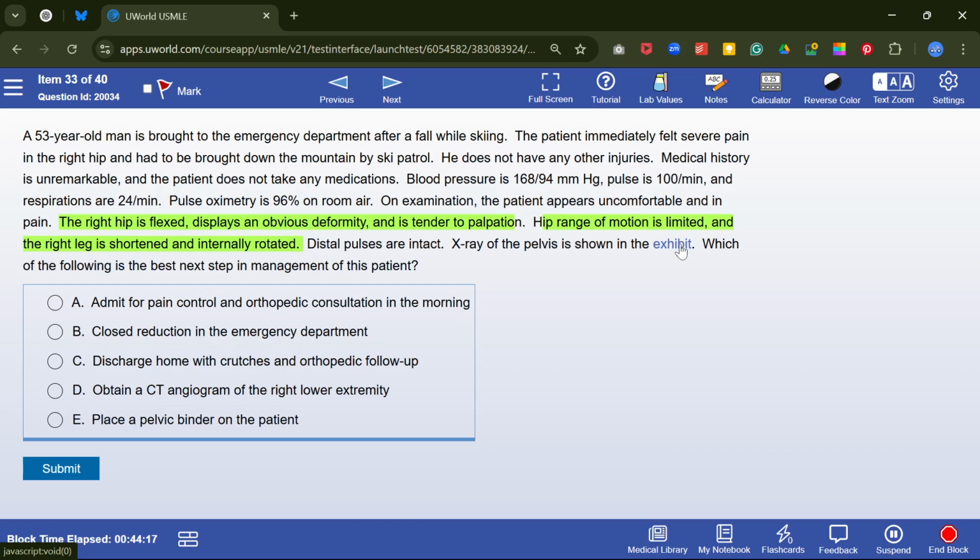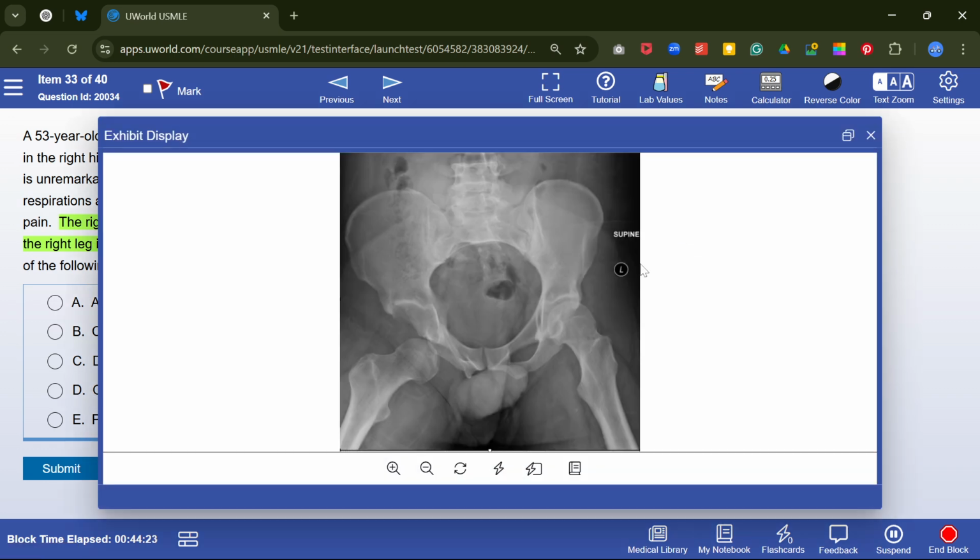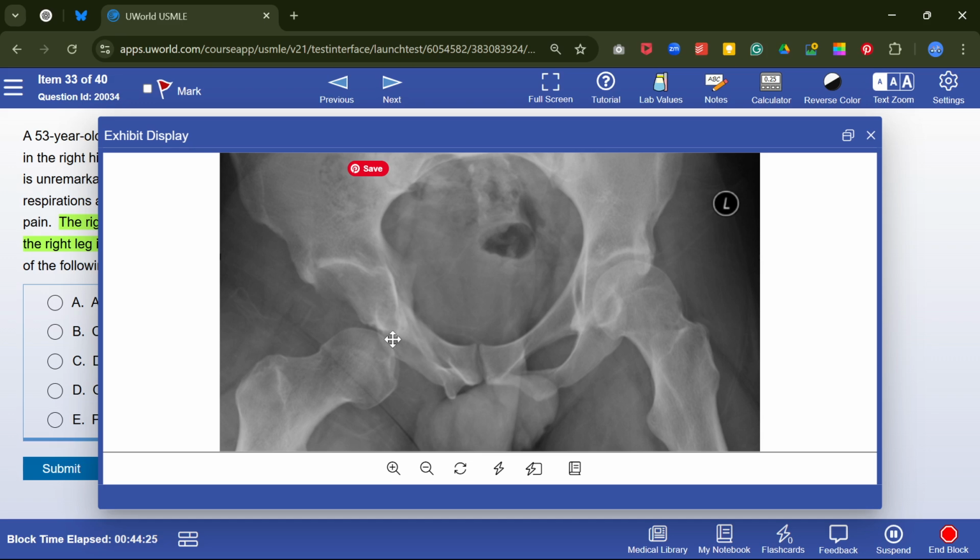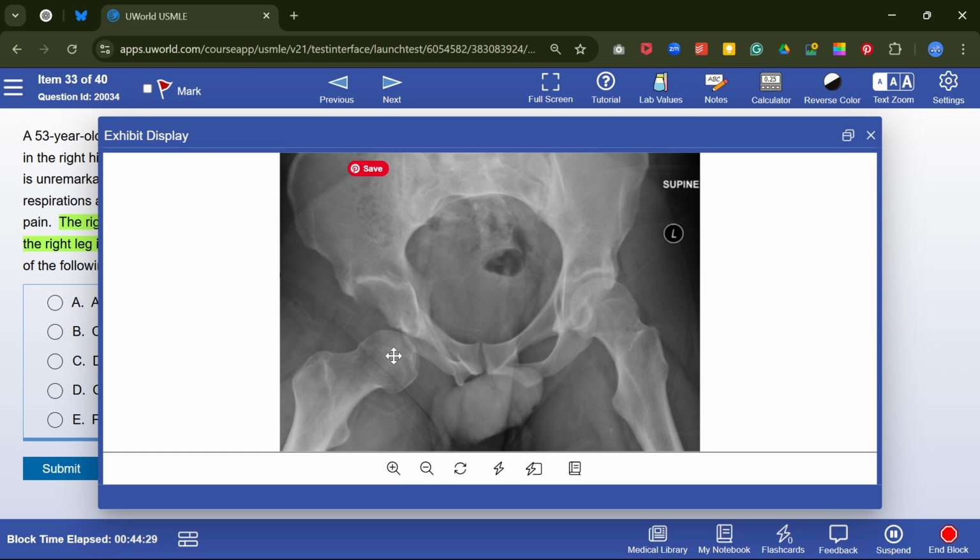Is it slipped capital femoral epiphysis? Oh, maybe it is... wait, it is hip dislocation.